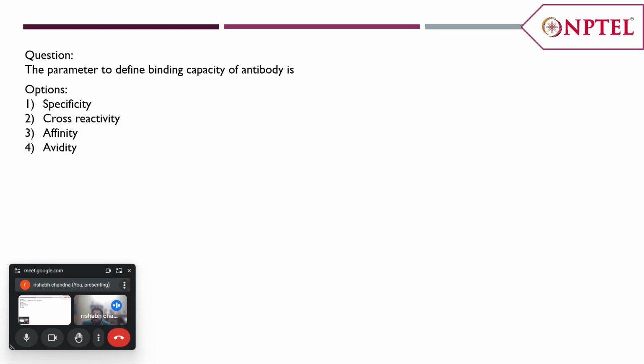The parameter to define binding capacity of an antibody is specificity, cross reactivity, affinity, or avidity. What can be the correct answer?